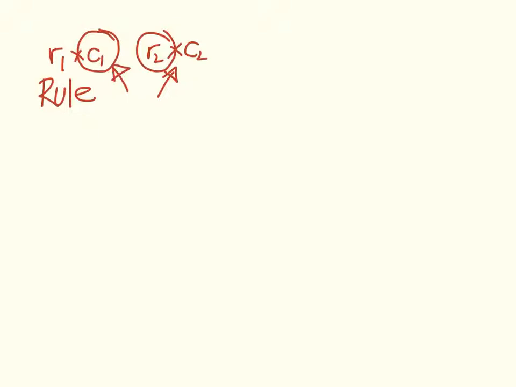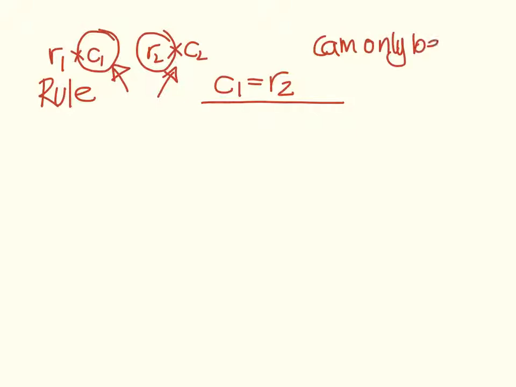So C1, the number of columns, must be equal to the number of rows of the second one. So that is your first rule, that they can only be multiplied if C1 equals R2.